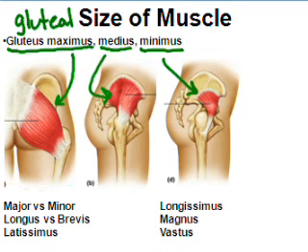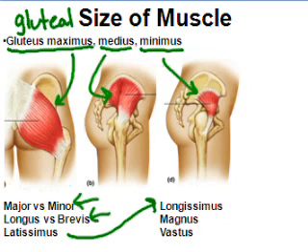So other words that you might see related to size is something major versus minor. In one class today we talked about the rhomboideus major and the rhomboideus minor. There's longus and brevis, adductor longus, adductor brevis. Latissimus and longissimus are 2 words that have to do with size, and as are magnus and vastus.